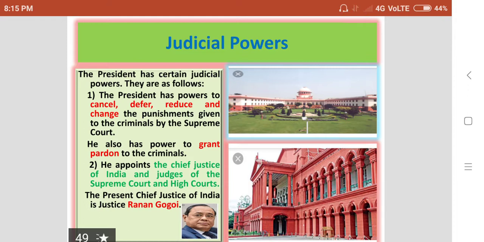So if the criminals approach and request the President of India, then the President can reduce their punishment period or change the nature of the punishments given to them. He also has powers to grant pardon to the criminals. He appoints the Chief Justice of India and judges of the Supreme Court and High Courts. The present Chief Justice of India is Ranjan Gogoi.